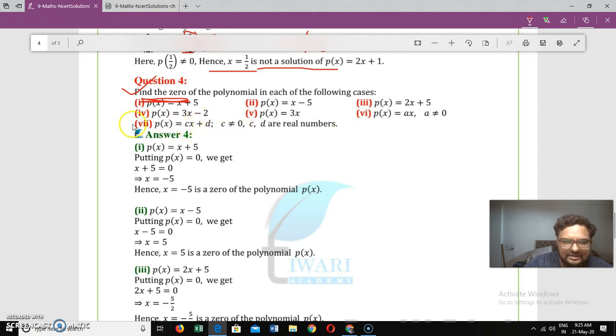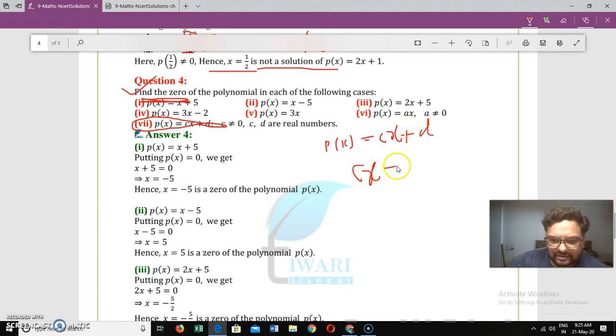For example, if I take question number 7 here, p of x is given as cx plus d. So cx plus d equals to 0.